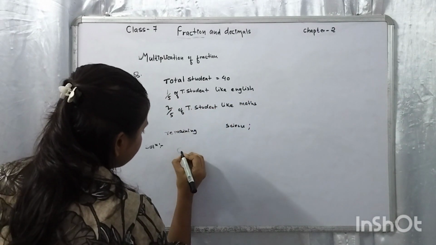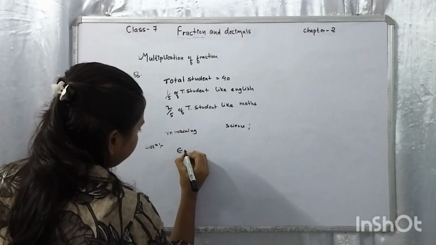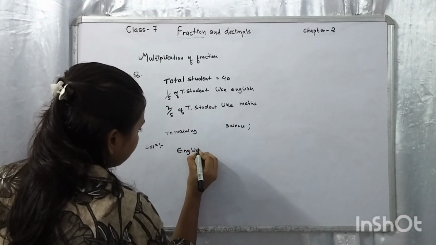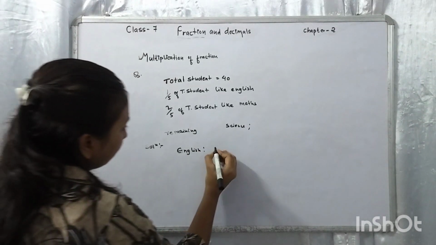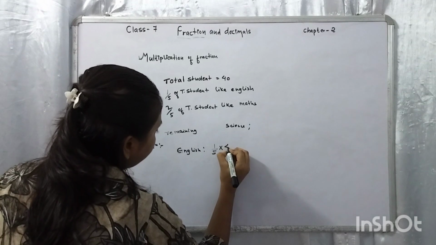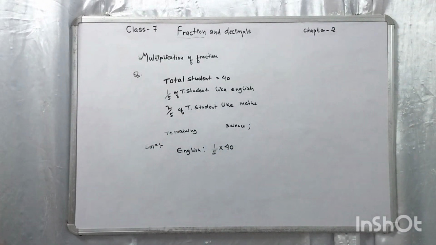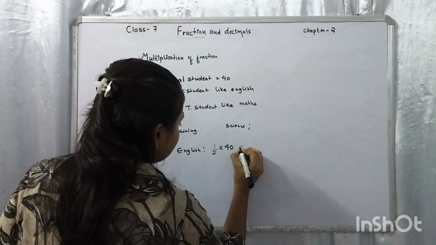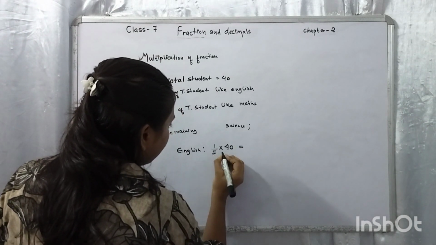First for English, it is said that 1 by 5 of the total, which is 40. So 1 by 5 of 40 like English.